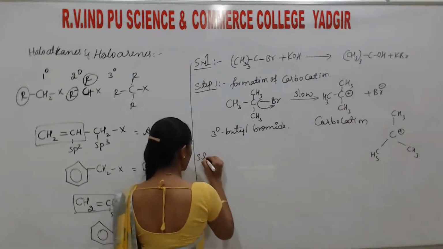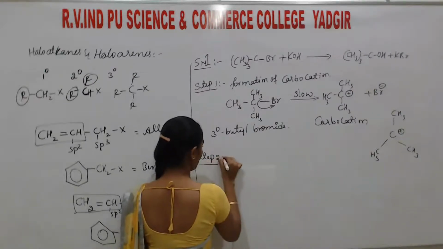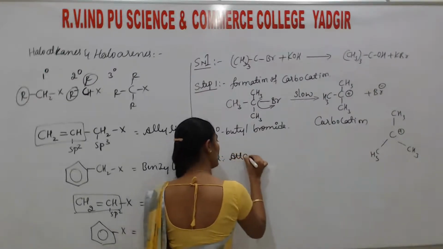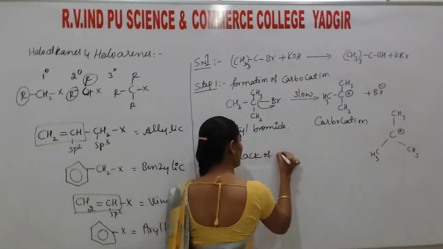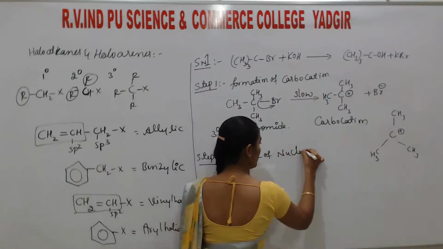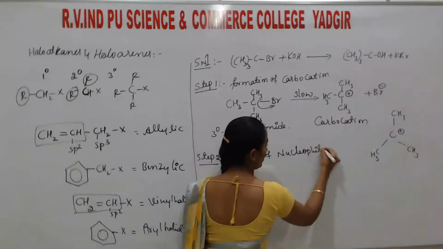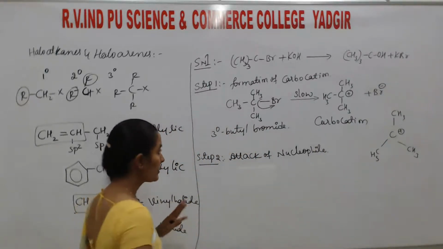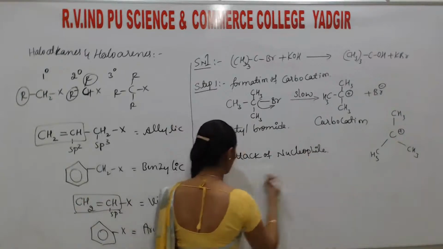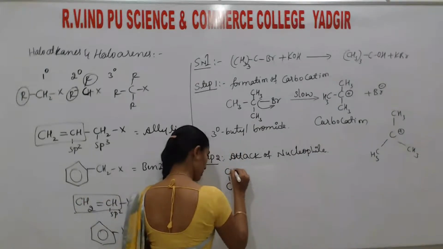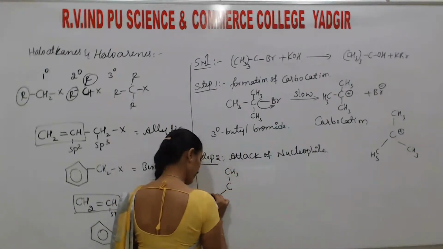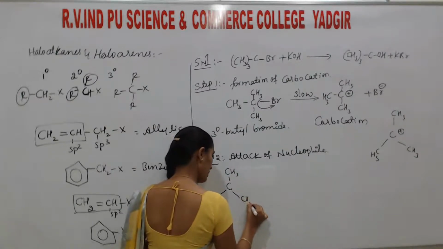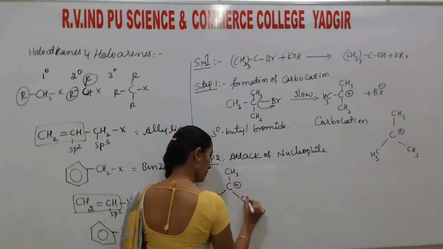So then what happens? Here you take step 2: attack of nucleophile. Take this planar structure, CH3, CH3, CH3.